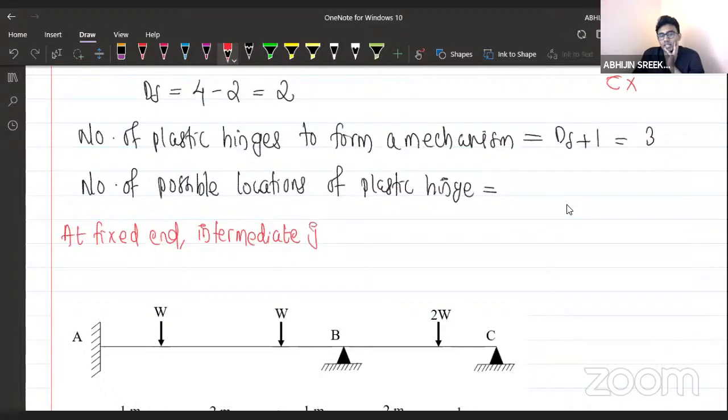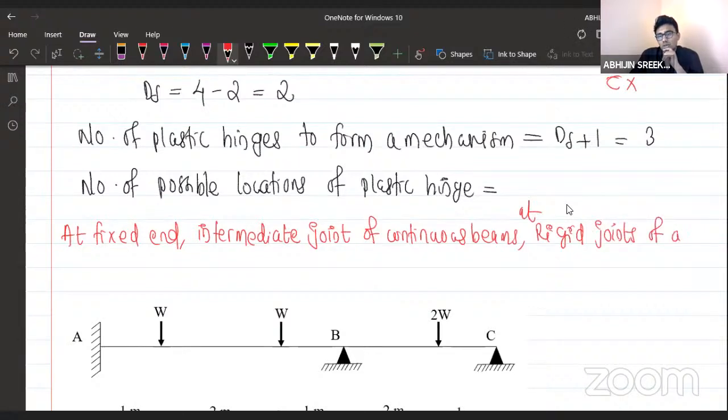At intermediate joints of continuous beams, there will be plastic hinges. Or rigid joints in a frame. Yes, I'm helping you, Kushbu, don't worry about that. I'm providing you the details. Rigid joints of a frame.